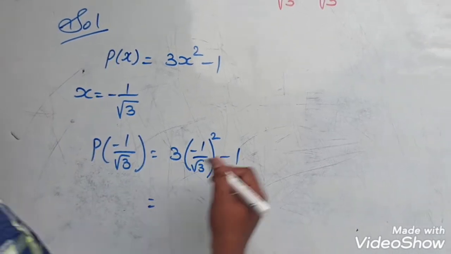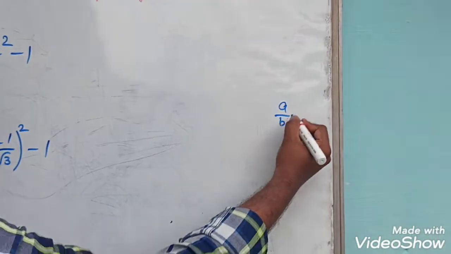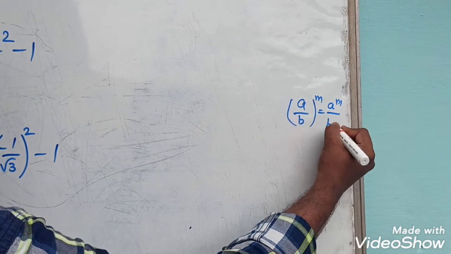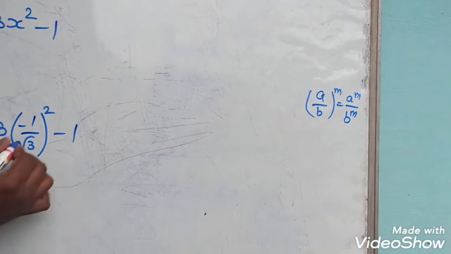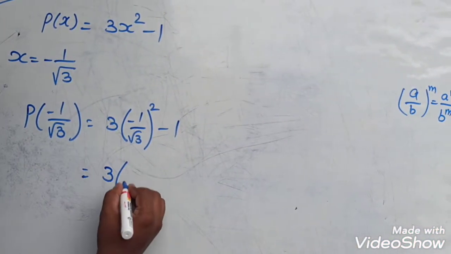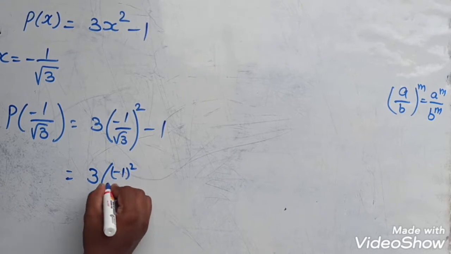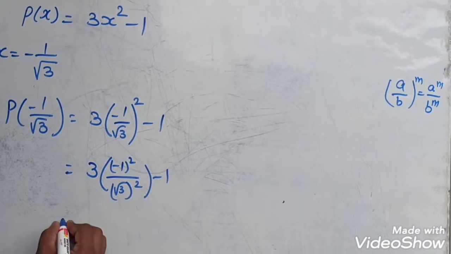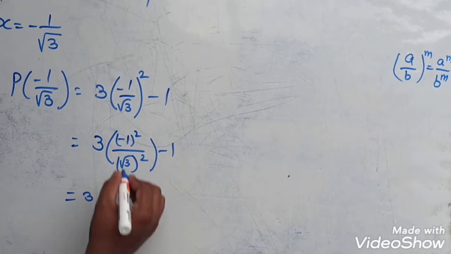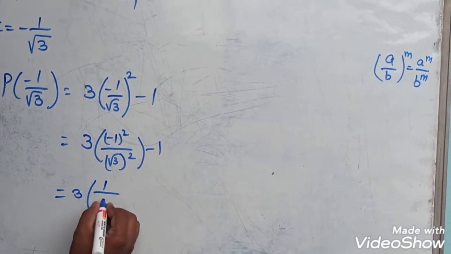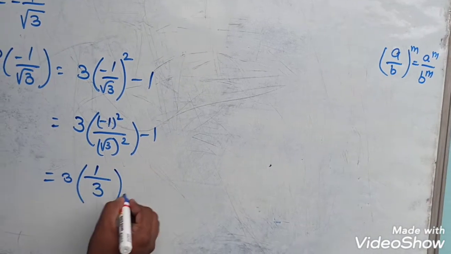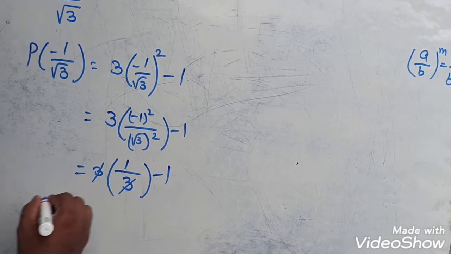So you know that the exponent rule, a by b whole power m, can be written as a power m divided by b power m. In the same way we substitute here minus 1 the whole square divided by root 3 the whole square minus 1. So 3 into minus 1 squared is 1, divided by root 3 squared, we get 3, minus 1. So 3 will get cancelled.